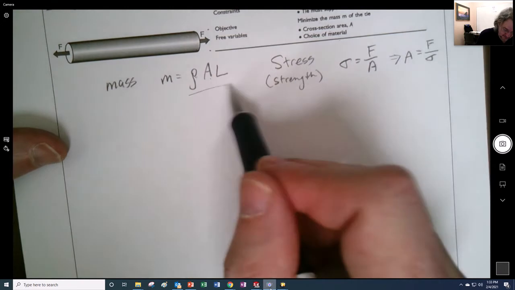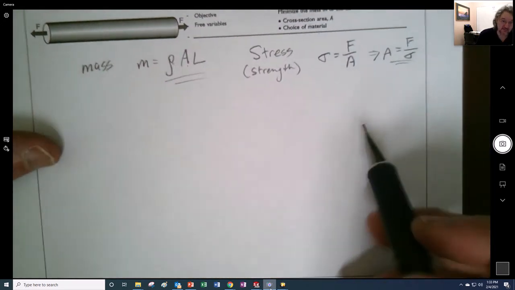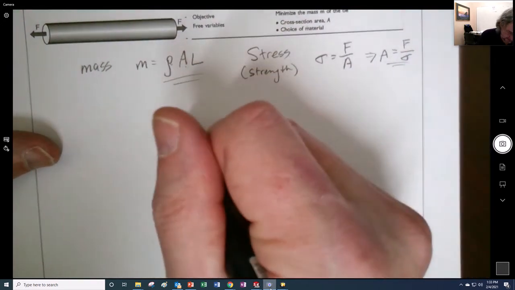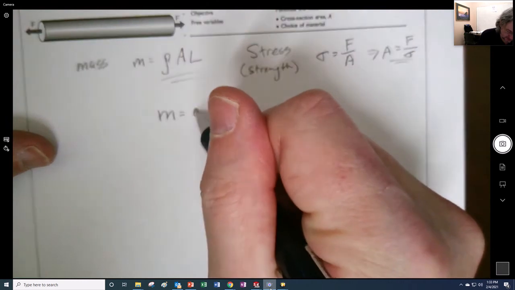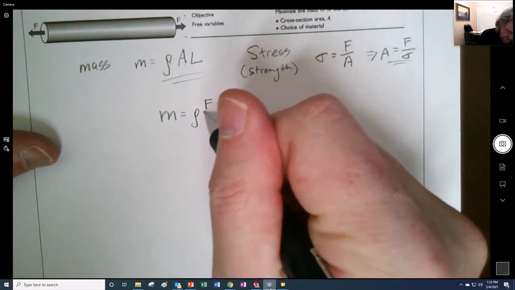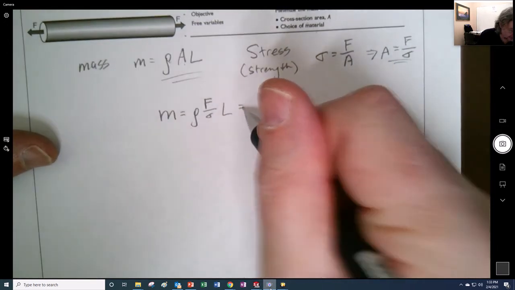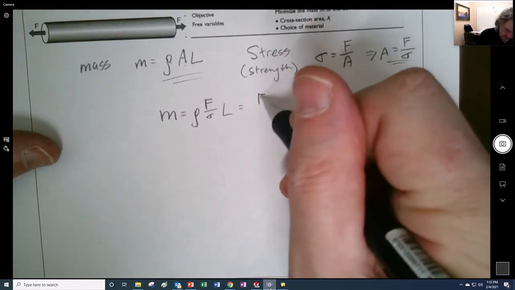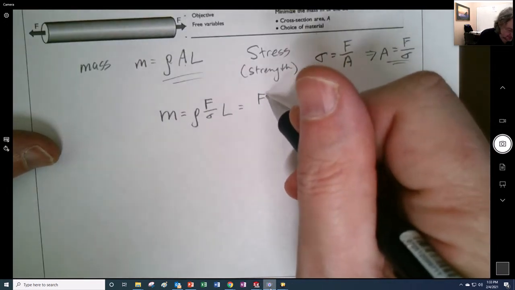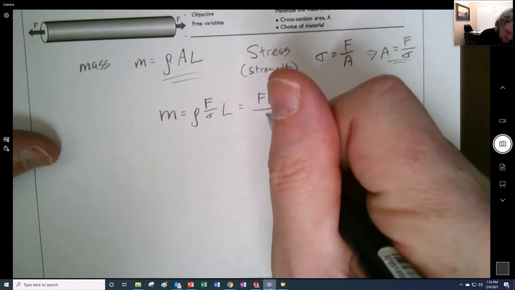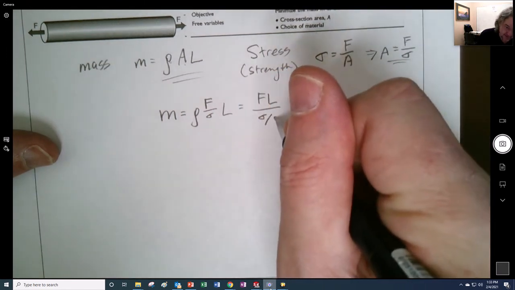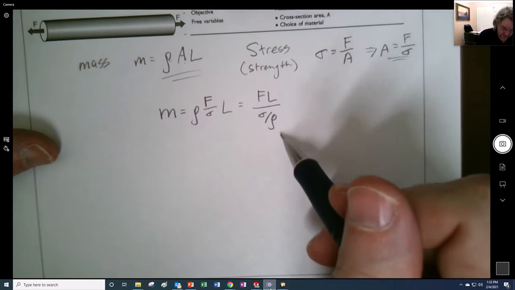We could combine these two things together and say that the mass is equal to density times F over stress times L. We could rewrite this as FL times one over stress divided by rho.